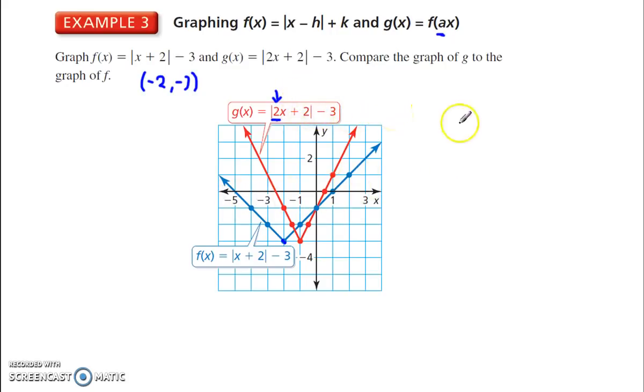So it's stretched horizontally by 1/2, because inside the absolute value bars, we would flip that. So a stretch of 1/2 horizontally means this way, so it goes half the distance back to the y-axis. A shrink, sorry. If it's a half, it's a shrink. So back towards the y-axis.